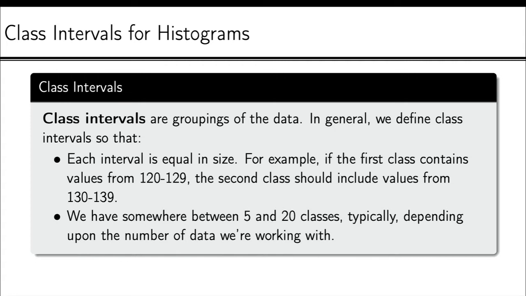This depends on what the data is. We look at the range of our numbers and decide how many classes we want. Then by taking that range and dividing by how many classes, that gives us an idea of how big our class intervals should be.